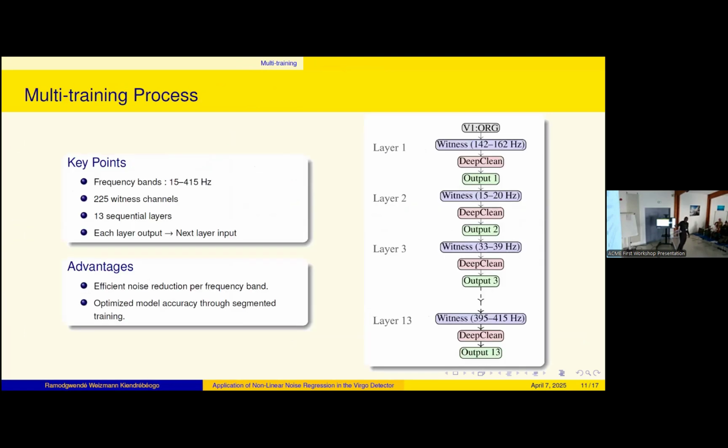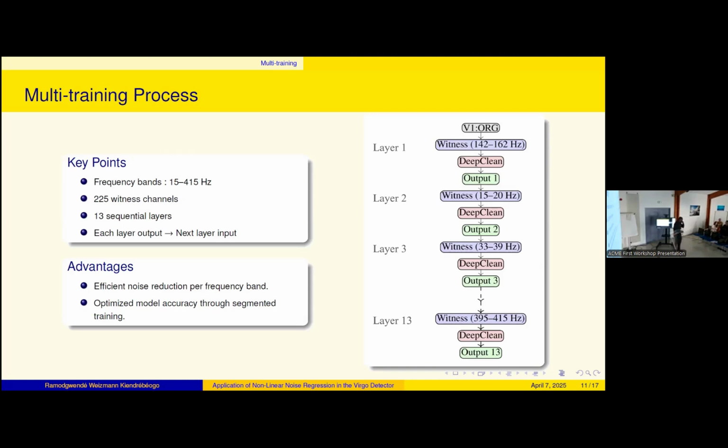Then we take the output, which is the clean one, and try to clean the next frequency band. So we do a step-by-step, sequential process in order to train a large frequency band. For that, we can train from 15 to, let's say, 1,000 Hz and get a similar result as if we were training on a smaller frequency band. But that takes more time. Okay, thank you very much.